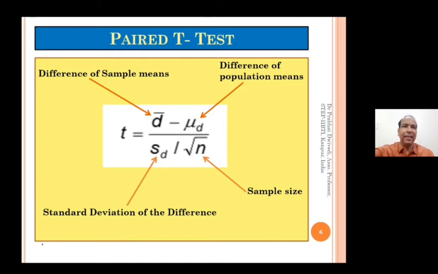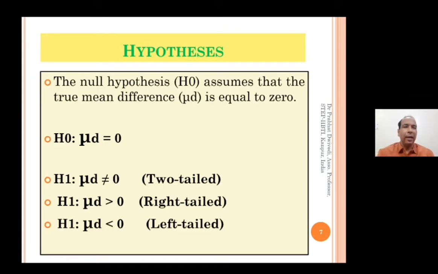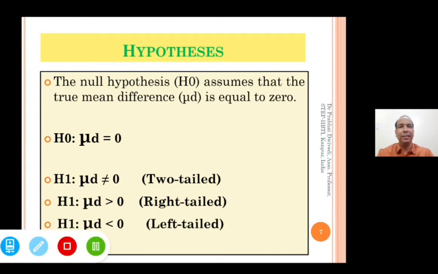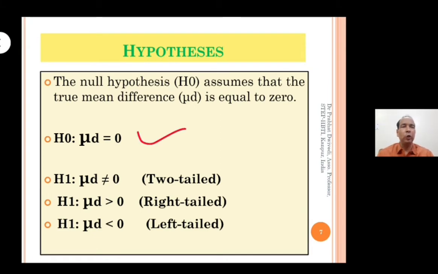Now let's see how the hypotheses go. Here the null hypothesis assumes that the true mean difference, that is mu d, is equal to 0. So H naught in numerical form is H naught: mu d is equal to 0, and for that we have 3 alternative hypothesis choices.